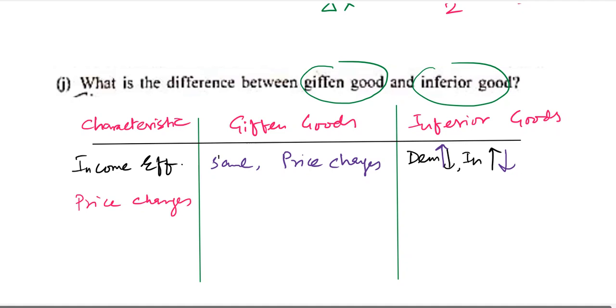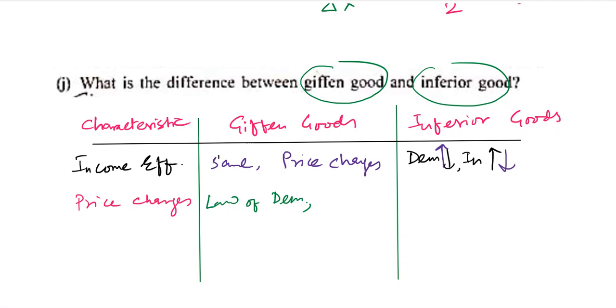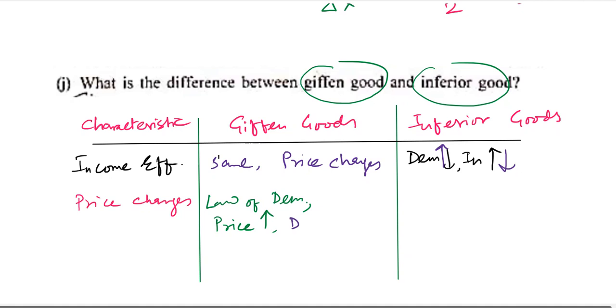Giffen goods defy the law of demand: when the price of the good increases, the demand increases.